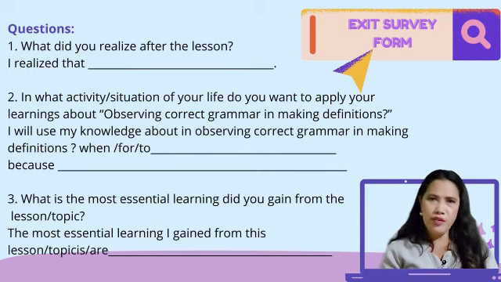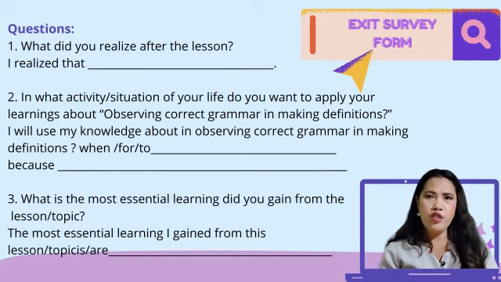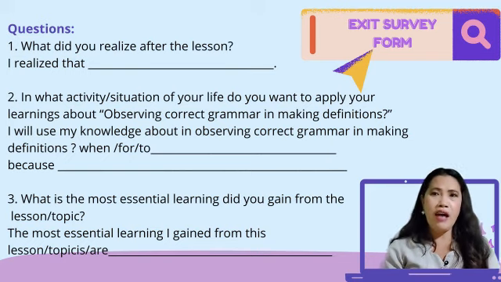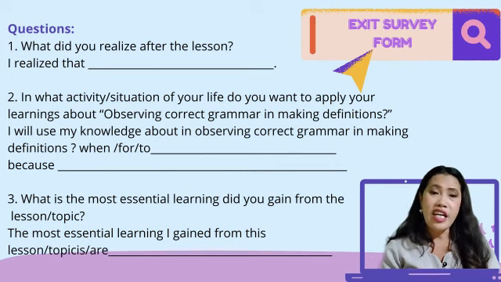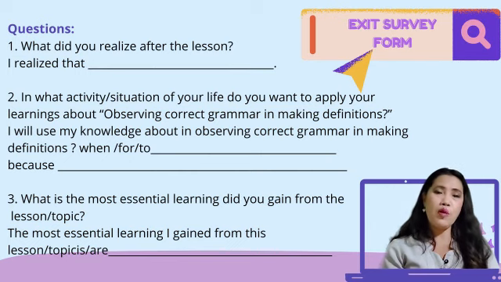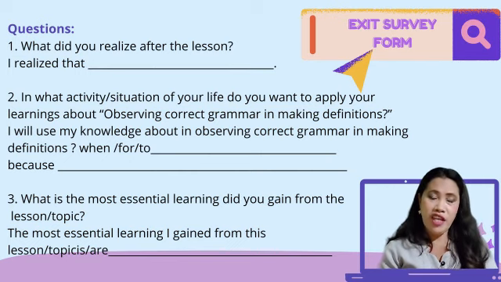Question 1, what did you realize after the lesson? Number 2, in what activity or situation of your life do you want to apply your learnings today about observing correct grammar in making definitions? And last but not the least, what is the most essential learning you gained from the lesson or topic?